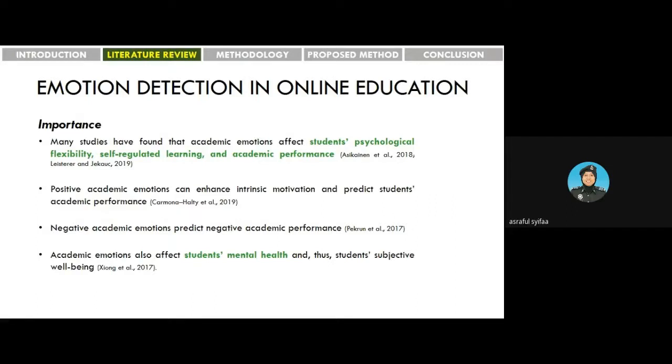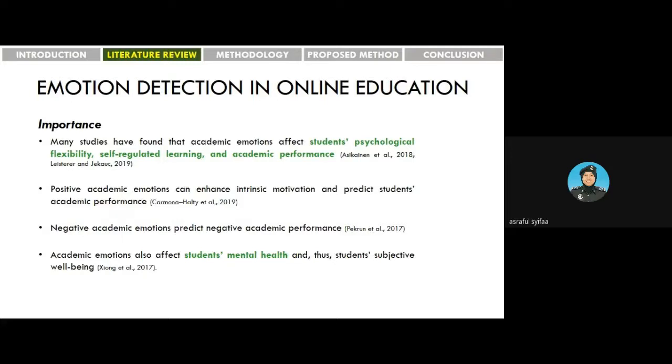Next is emotion detection in online education. Academic emotion is a kind of non-intellectual factor that is closely related to the teaching and learning process. So it is important to know the academic emotion in order to know whether the student is in good condition or not.